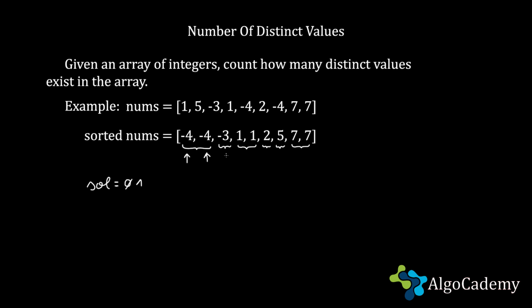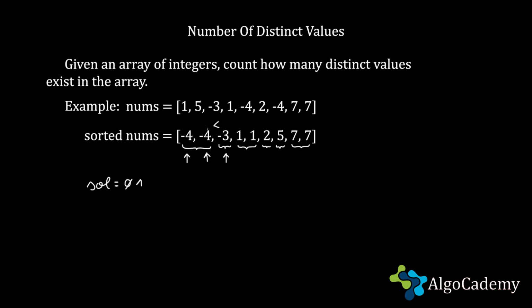The next element, minus 3. What's the element on its left? Minus 4. They are different. More exactly, the previous element would be less than the current one if they are different, right? So let's think about it.